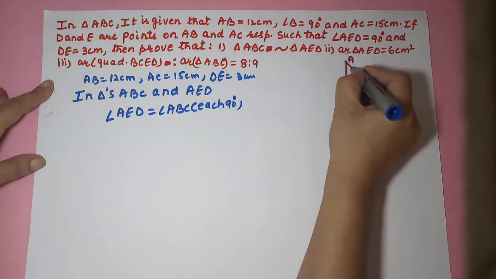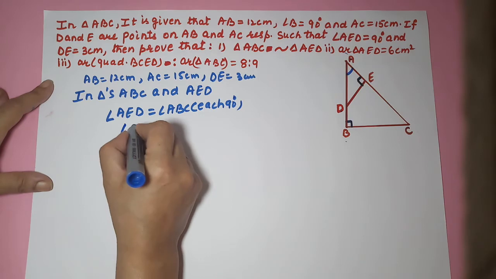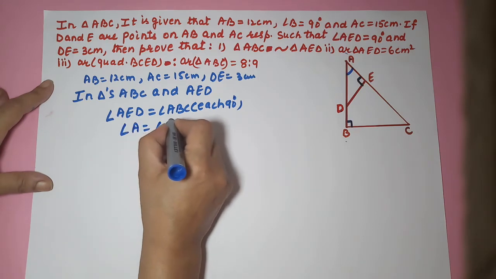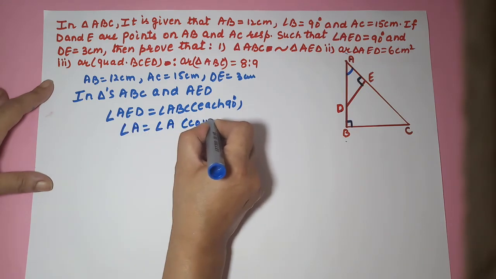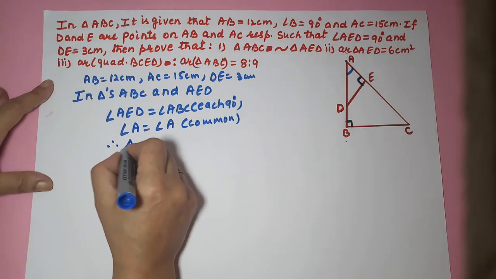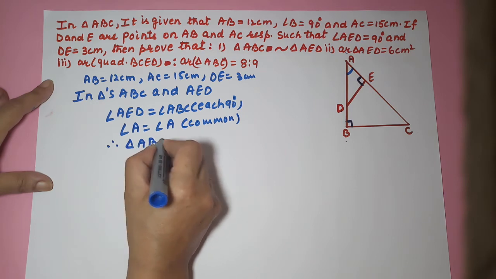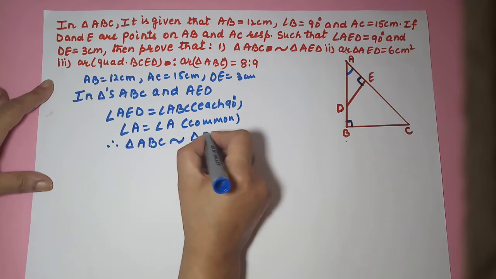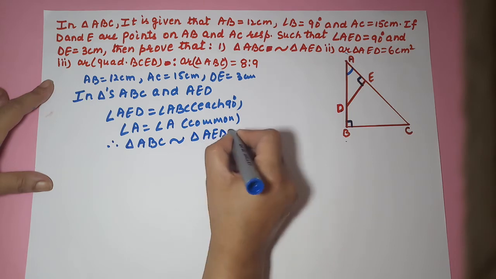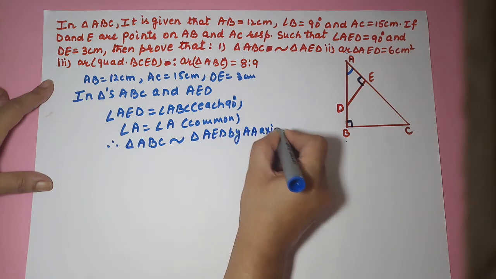Number two is that this angle, which is common, right? So angle A is equal to angle A. This is common in both. Therefore, triangle ABC is similar to triangle AED by AA axiom, right?